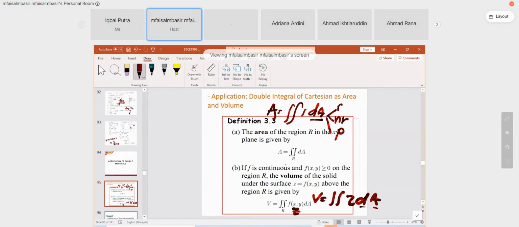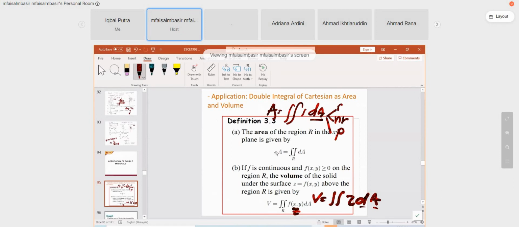Again, the dA can be r dr d theta, and can be a non-rectangular region or rectangular region. That's all. So remember, if they ask you to find the volume of a solid, you use double integral f(x,y) dA.